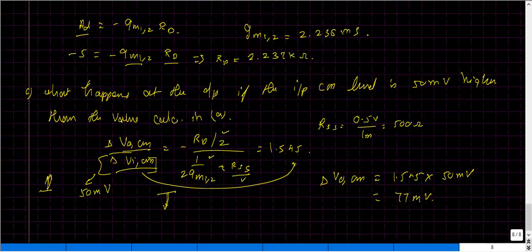There will be a shift at the output. From the Q point, when there is a rise of 50 millivolt, there is a reduction by 77 millivolt, and that is the gain from input to output, and that's how the new DC value has shifted.